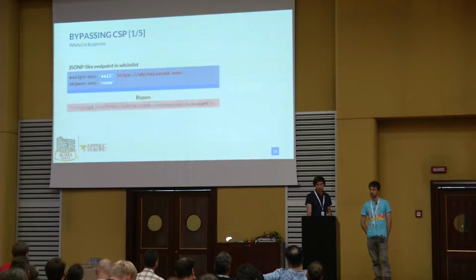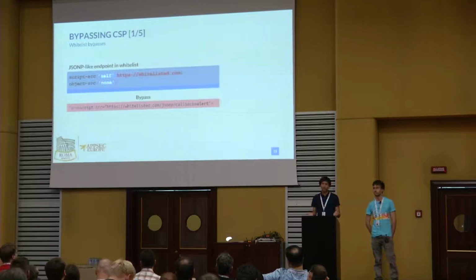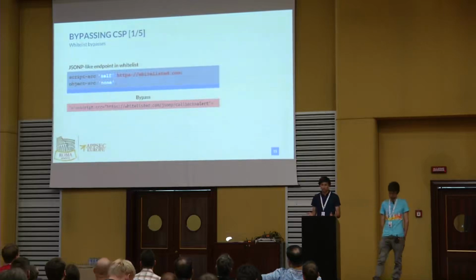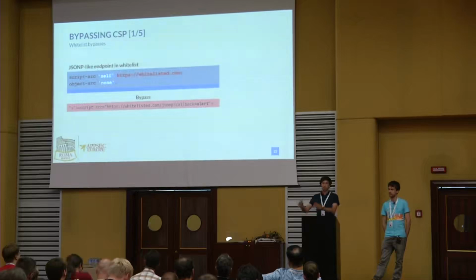So how would a bypass look for this instance, right? The problem is basically JSONP. Whitelisted.com is allowed, and then you have a callback, and the attacker can more or less specify what the JSONP endpoint will echo back to the browser, right?